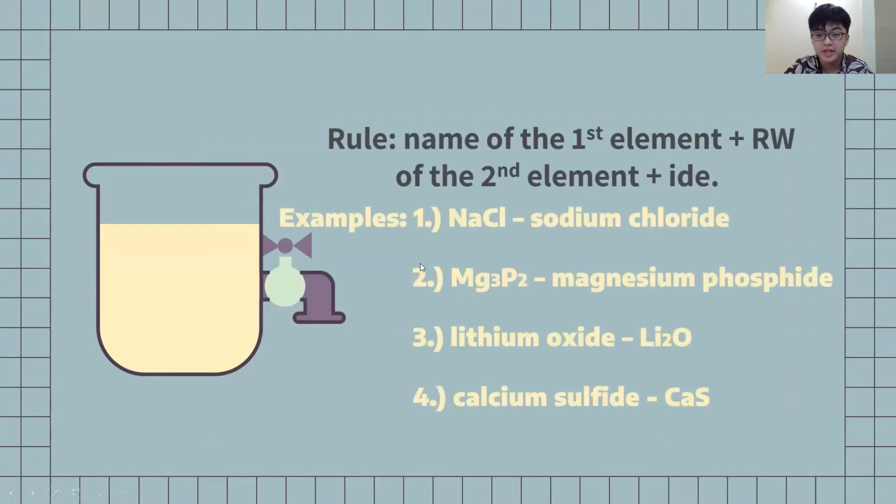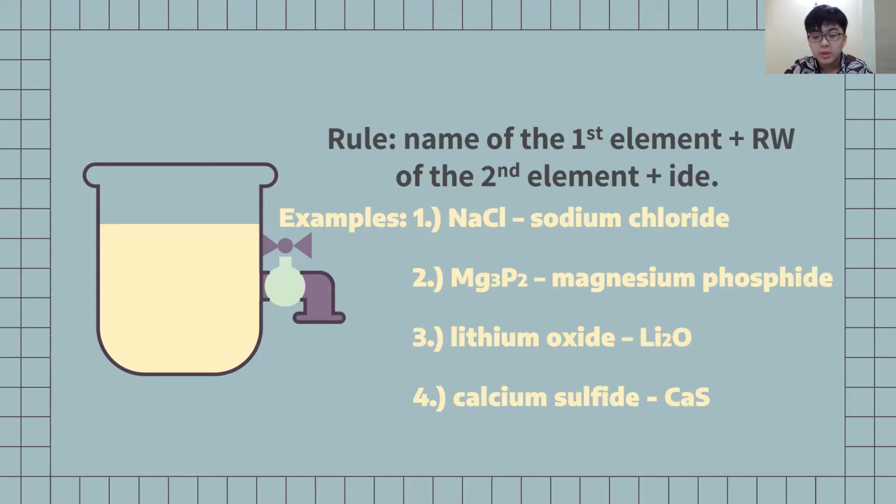First we have NaCl. Na is sodium and Cl is chlorine. So the name of the first element plus the root word of the second element plus -ide. The root word of the second element is chlor, plus -ide, which makes it chloride. So the answer is sodium chloride.